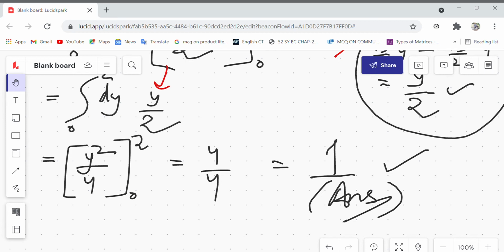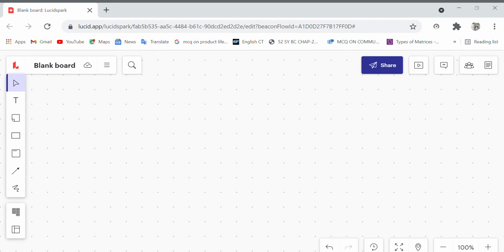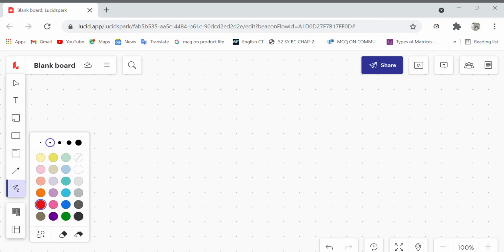Then let me give you a complex one. So we will just solve two questions of double integration and two questions of triple integration just for the concept to be cleared and these small tricks. So let's move ahead. Okay, black color.